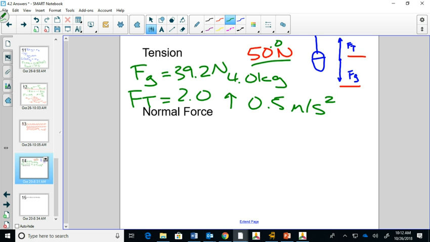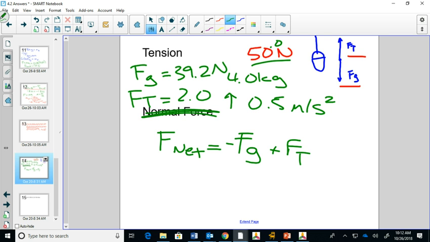So if I add, because of course the total force is these things together, right? The net force is the force of gravity, and the force of tension. And I put a negative there because they're opposites, right?